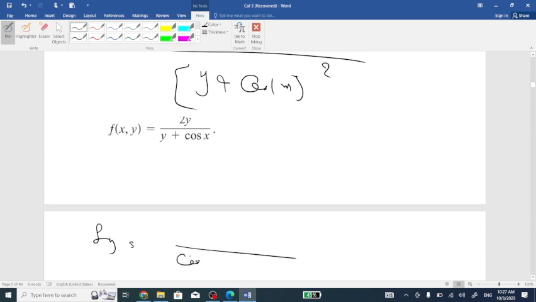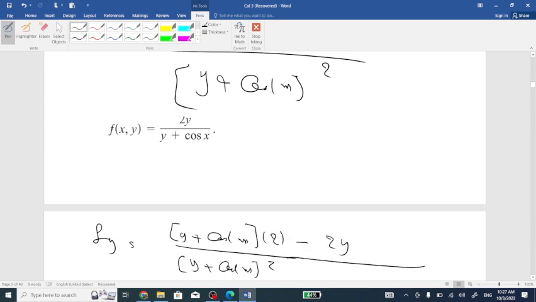Denominator square, sorry. Y plus cosine x squared. Denominator y plus cosine x, multiply 2, you are right, minus 2y multiplied by the derivative of the denominator by y, I will get what?